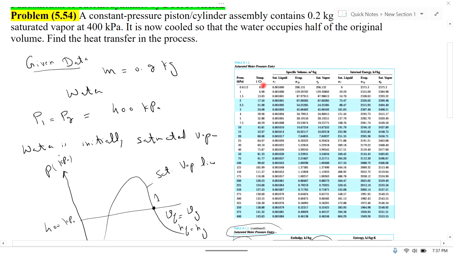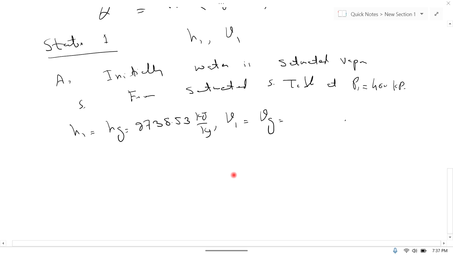And V1 is equal to Vg. This is the table for V, this is Vg, and this is the pressure column. At 400, Vg is 0.46246 meter cube per kg.